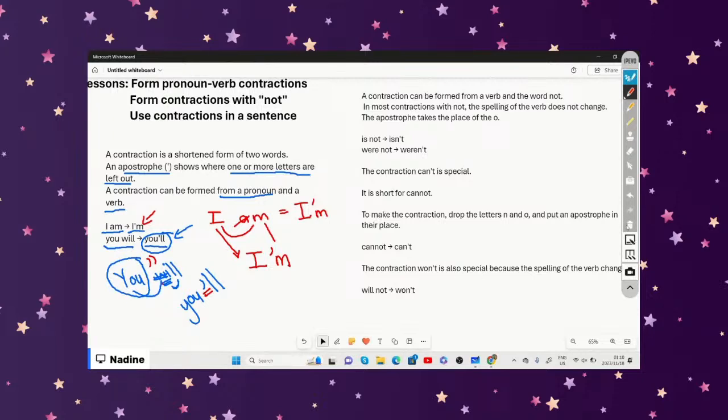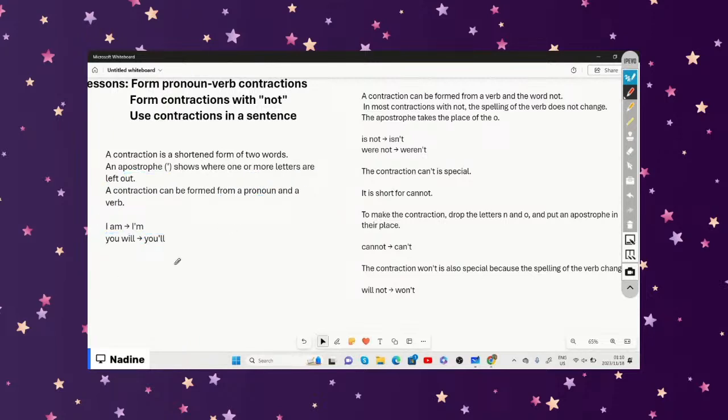All right, so that is basically us if we form, let's say, just normal contractions, and we basically form contractions by using the pronoun as well as the verb, right?